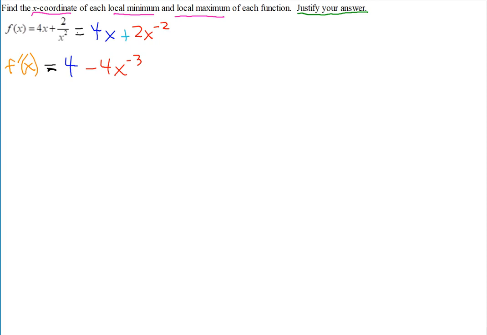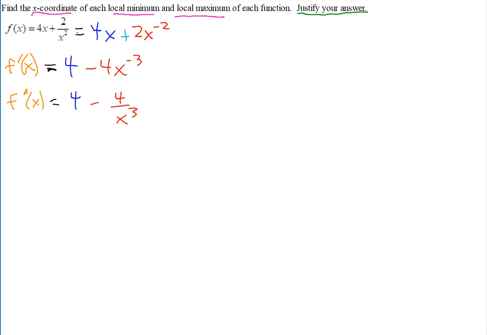You could factor out a 4 here, but we'll still be stuck with this x to the negative 3, and it's kind of weird to factor out an x here when this one doesn't appear to have any x's. So we can simplify in a little different way. This is another method other than factoring that sometimes is a little easier than factoring. So I'll leave this one 4, and then minus, this will be 4 over x cubed.